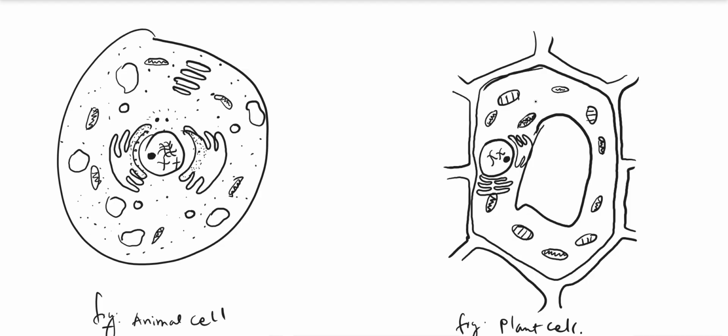We can see the Golgi bodies also. Now at last there is the cytoplasm. We don't need to make all the parts or all the organelles. If you make some organelles, the diagram will look better.